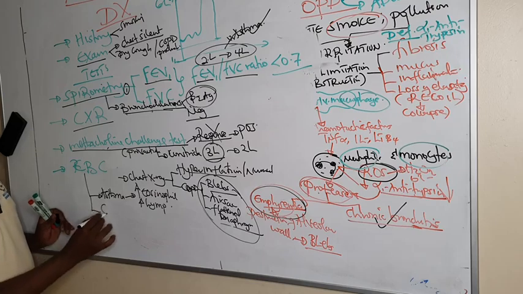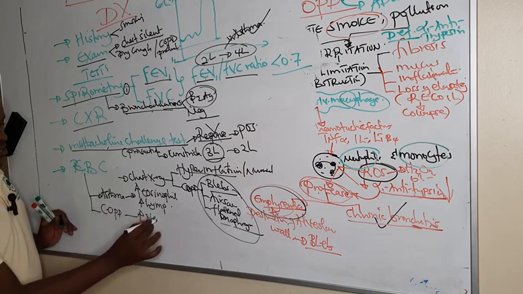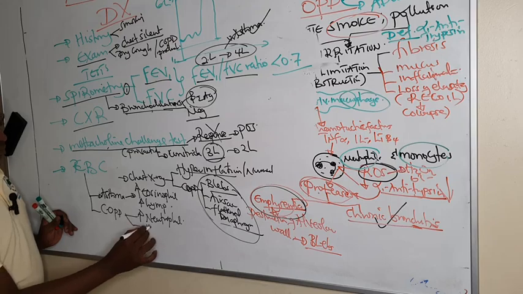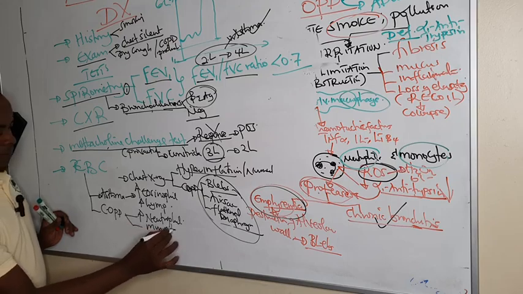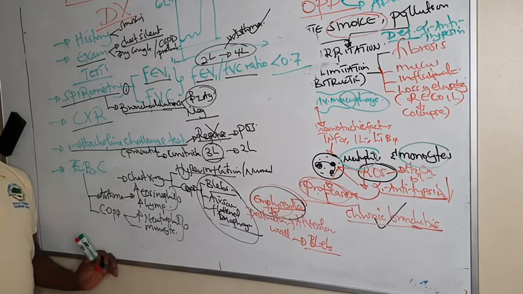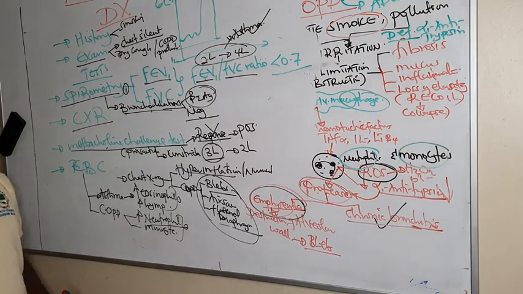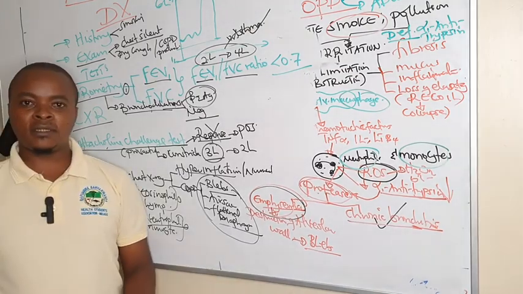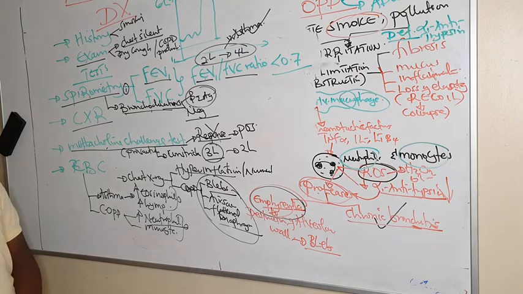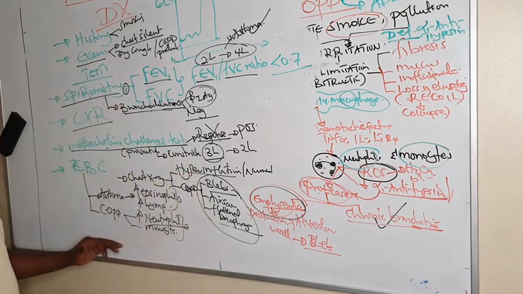With COPD, we normally see neutrophilia, increased levels of neutrophils and sometimes monocytes. So we can distinguish between asthma and COPD: asthma is eosinophilia, whereas COPD has neutrophilia and monocytosis. So these are the diagnostic measures we can always apply to diagnose COPD and asthma.